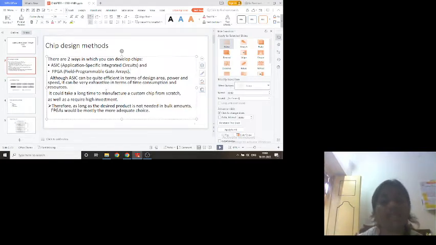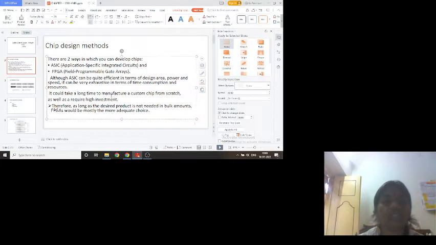The performance factors are design area, which should be low enough, low power consumption, and high speed, because high computation capability of the chip requires low delay. The overall delay of the chip must be low enough to achieve the highest performance in terms of speed. So that can be very exhaustive in terms of time consumption and resources.